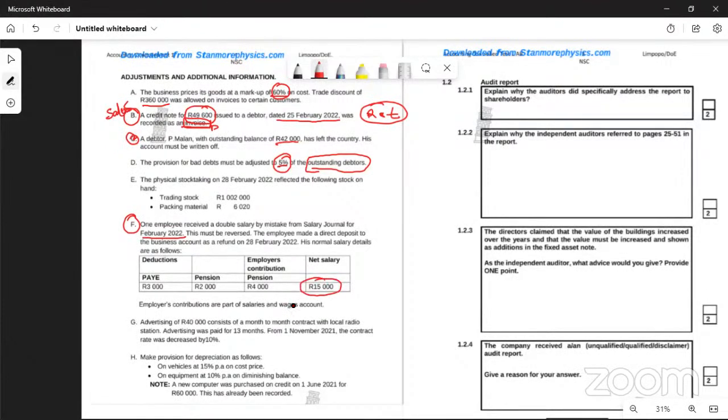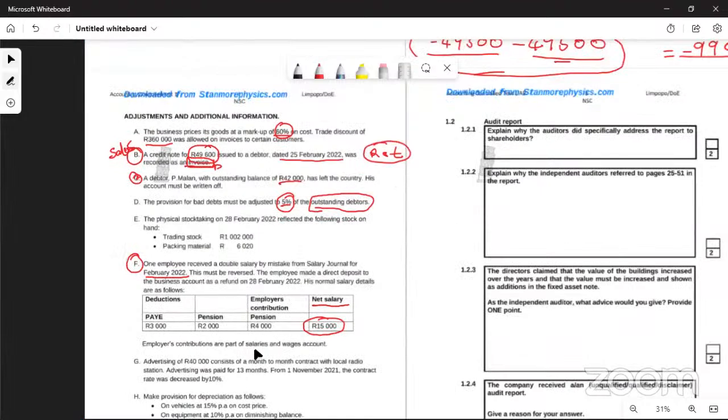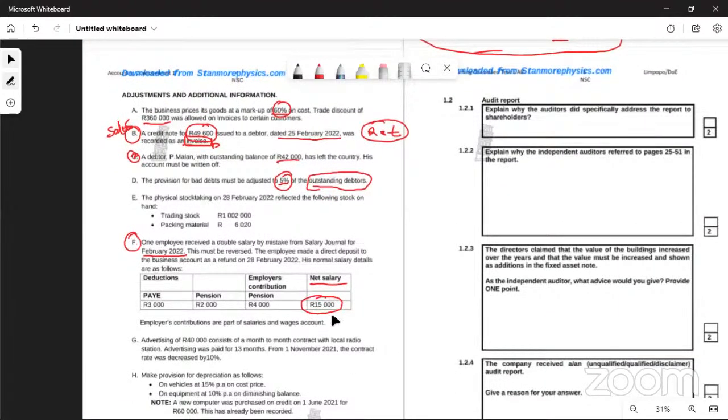Are we together? So now when we speak of his salary, we first check whether the contributions are separate from salaries and wages.